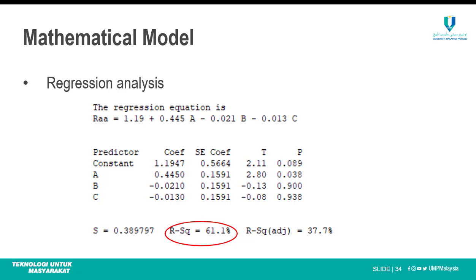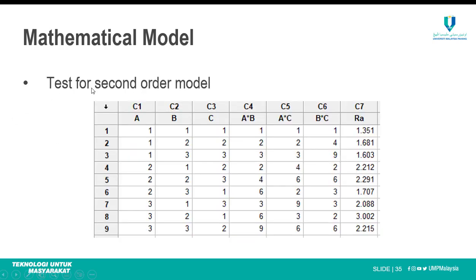So in this example, we try to test the second order model. Previously we only considered A, B, and C. Now we test the second order, which means that we investigate the interaction between A and B, B and C, and A and C. So we calculate the output from the multiplication.